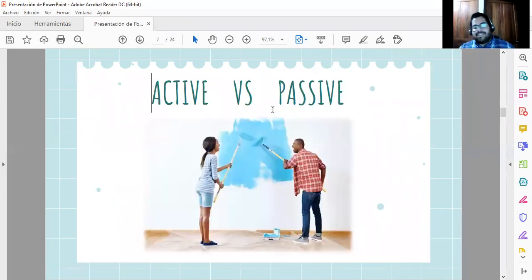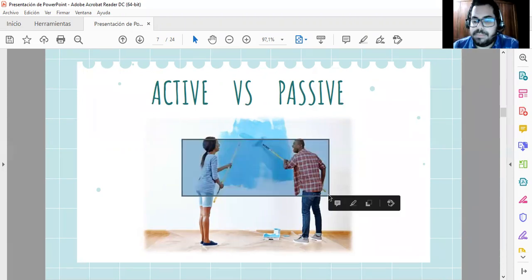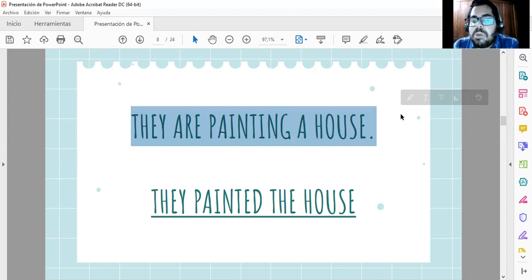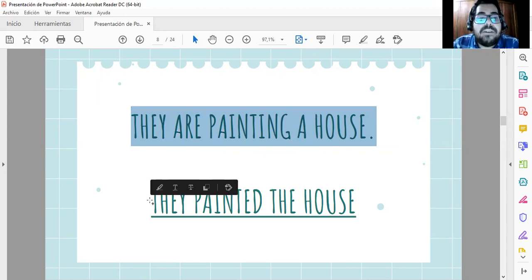Take a look at this sentence, guys. If we see that sentence, what comes to your mind? Think about it. I imagine that in this moment what comes to your mind is the people. Maybe you have this in your mind: they are painting a house. Or what comes to your mind is they painted the house, in past tense.